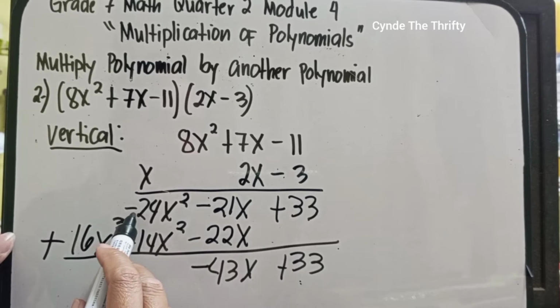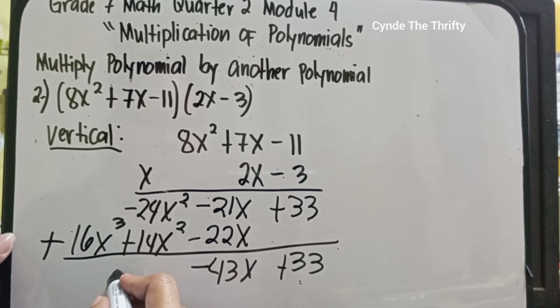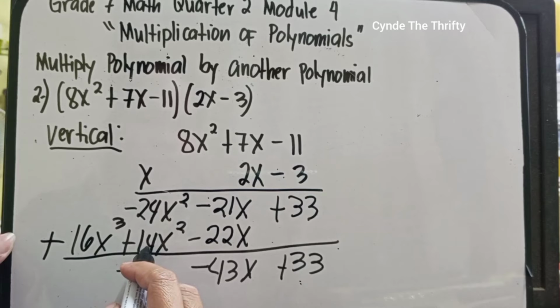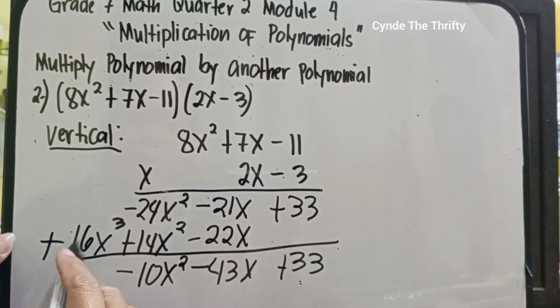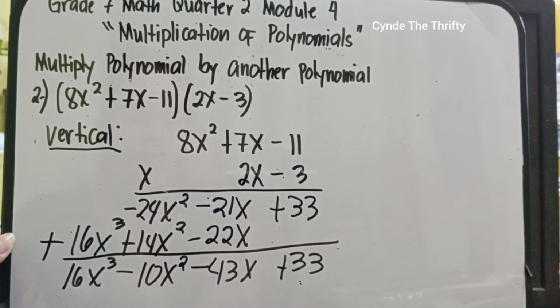Kopyahin natin ang sign ng malaking number. So, that is negative. 24 minus 14 is equal to 10x squared. And then bring down 16x cubed. So, ang sagot natin is 16x cubed minus 10x squared minus 43x plus 33.